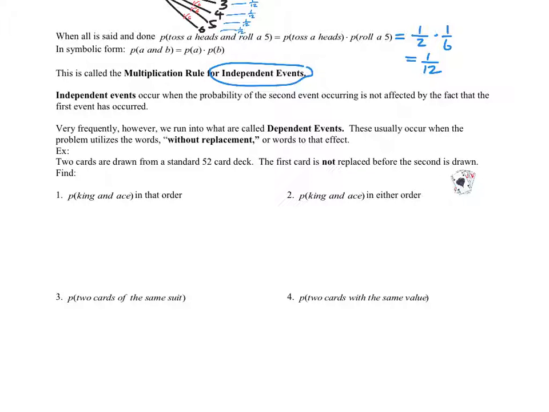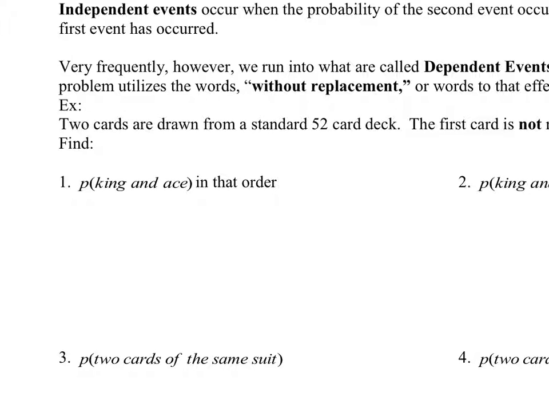In the case of number one, it's not bad because even though it's a king and an ace, and one card is being withdrawn, not replaced before the second card is selected, it's not going to be hard to figure out what the probabilities are.